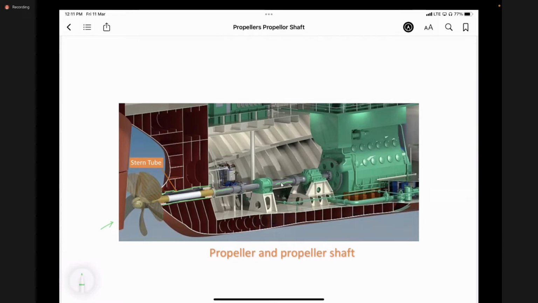Now this stern tube can be of two different types. One is oil lubricated, one is water lubricated. Having said that, let's see.